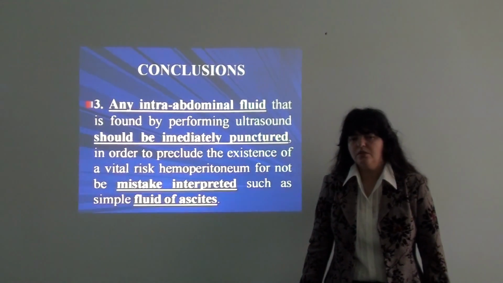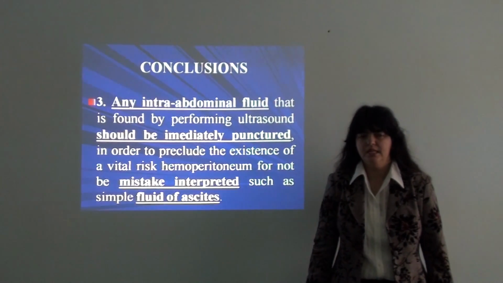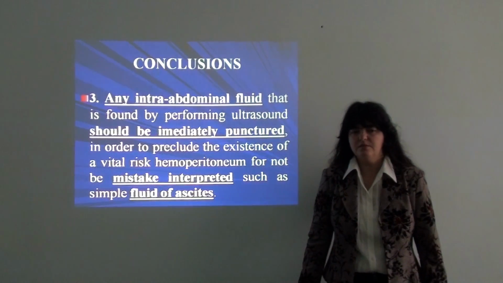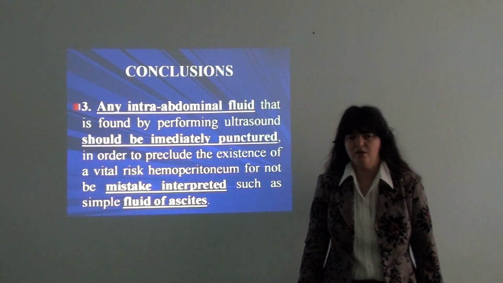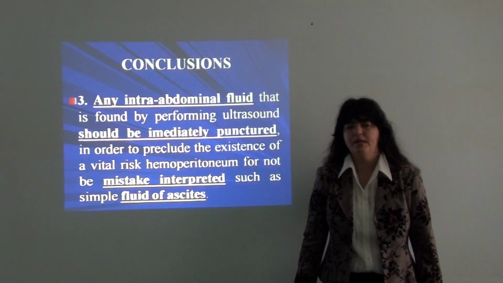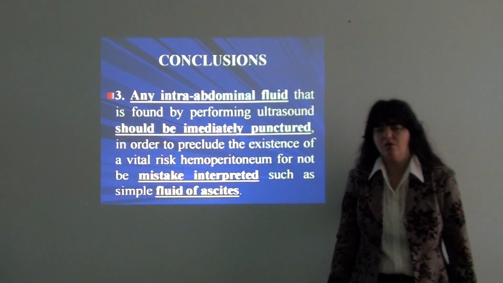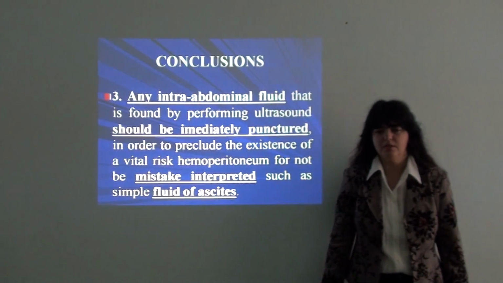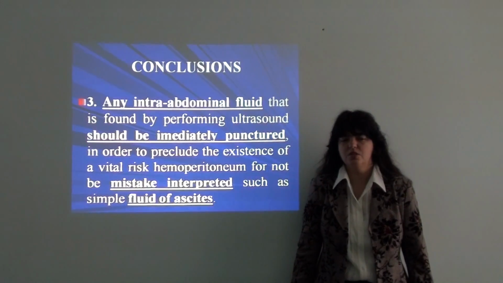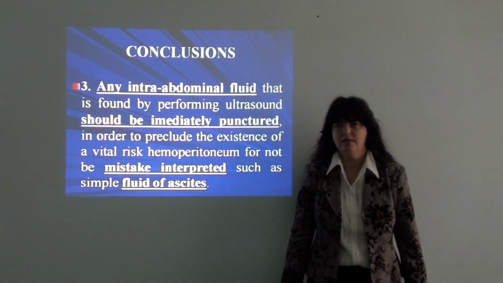Another very important conclusion is that any intra-abdominal fluid that is found by performing ultrasound should be immediately punctured in order to pre-exclude the existence of a vital risk hemoperitoneum, so as not to be misinterpreted as simple ascites.